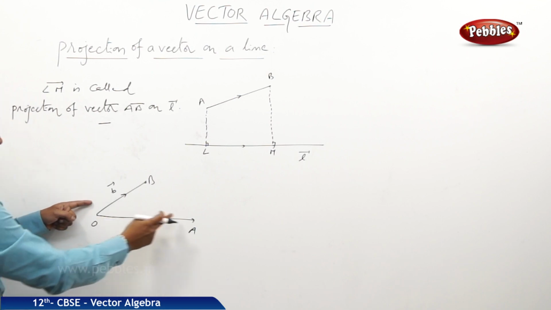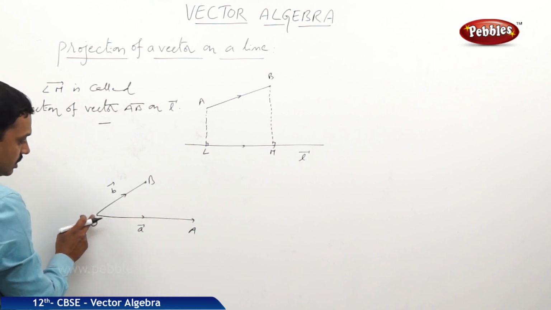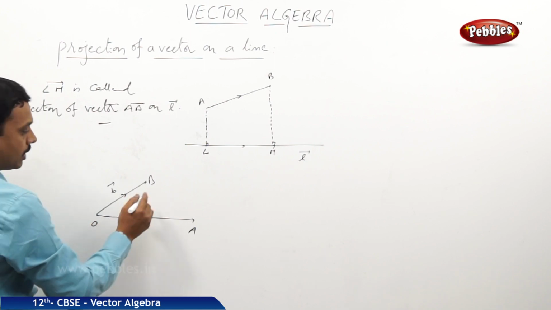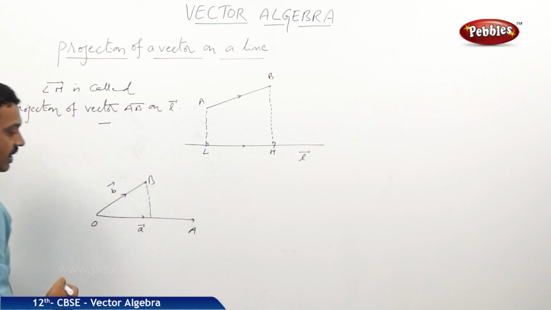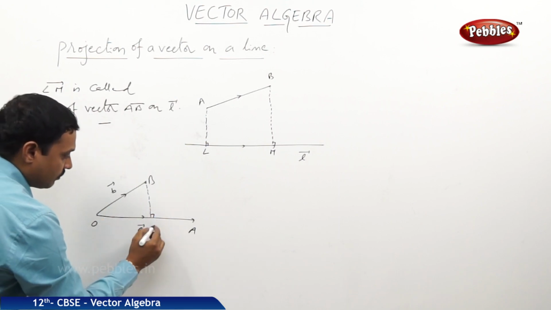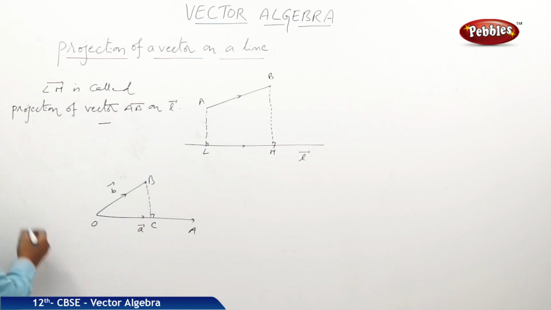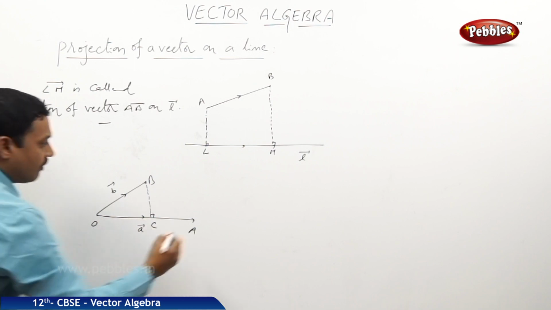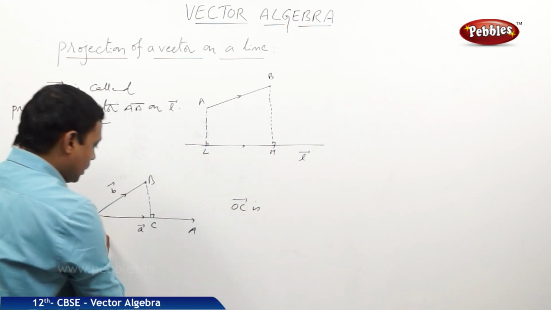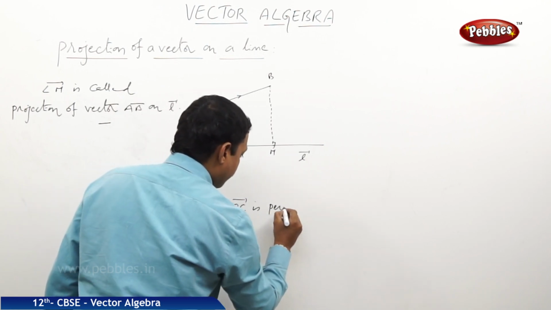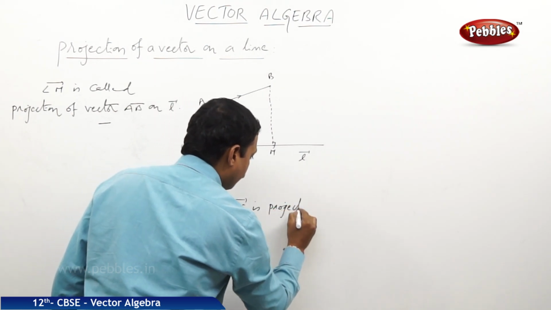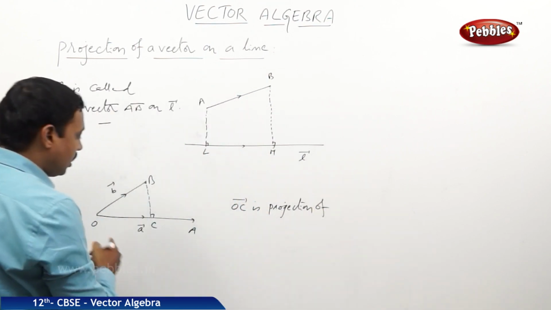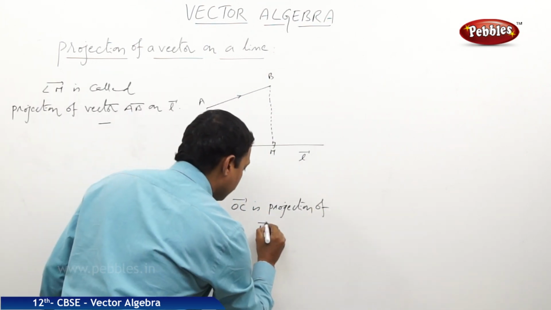So here the two vectors have the same initial point O, and consider a perpendicular from B to the vector A bar, let the foot of the perpendicular be C. Now according to the definition, the vector OC is the projection of B bar on A bar.